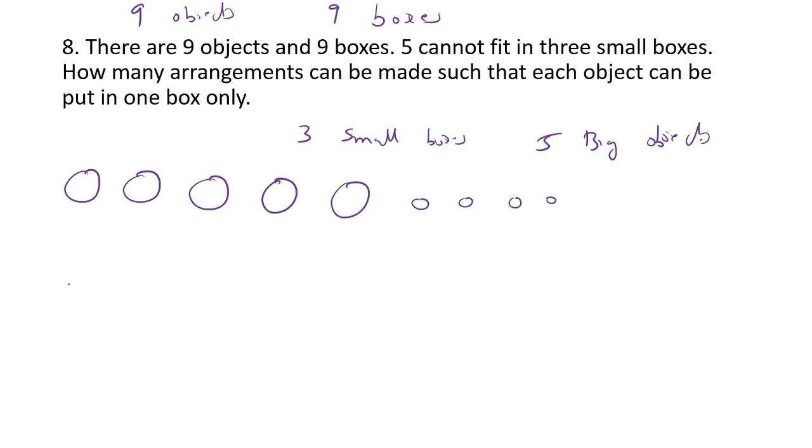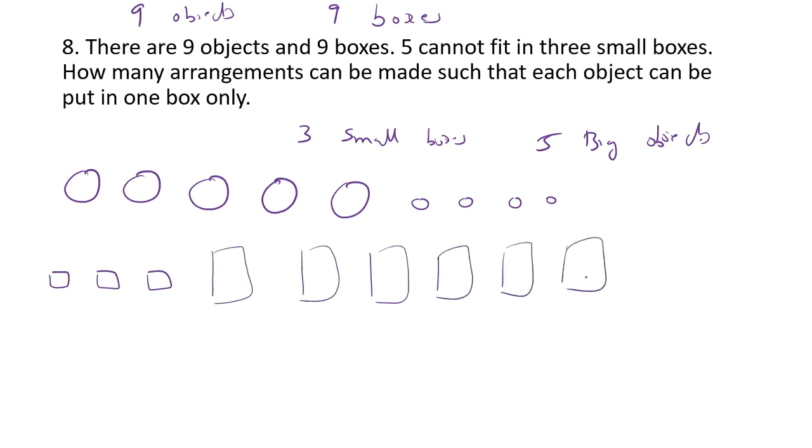And now we have 3 small boxes, 1, 2, 3, and the remaining boxes are a little bit big, 1, 2, 3, 4, 5, and 6. There are 9 boxes, 3 are small and 6 are relatively big. And there are 9 objects, 5 are relatively big and 4 are small. These 5 objects cannot fit in these 3 small boxes. Now, how many arrangements are possible such that each object is placed in one of the boxes?